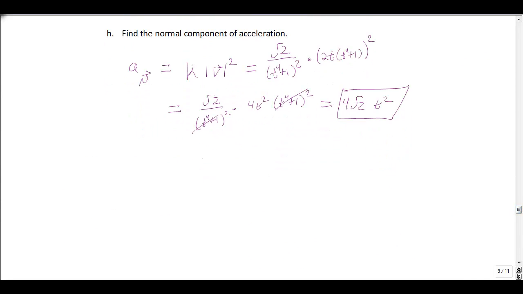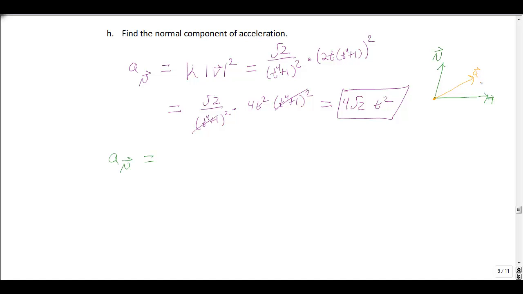There's another way to do this one, where the idea is that you have unit vectors. One of these is T, one of these is N, and then you have an acceleration vector which points in some direction, not necessarily a unit vector.